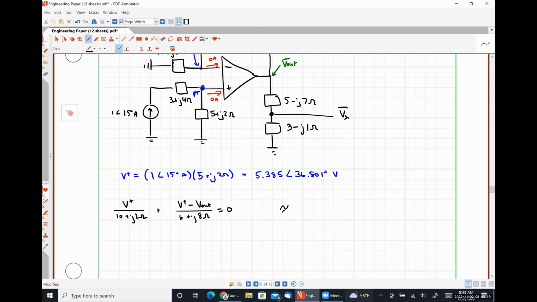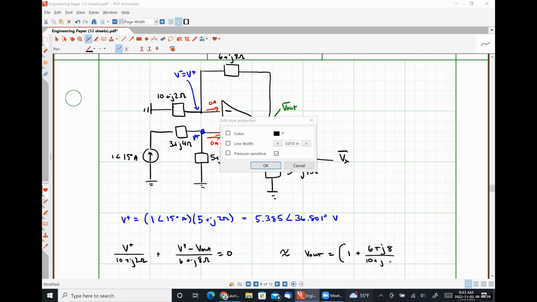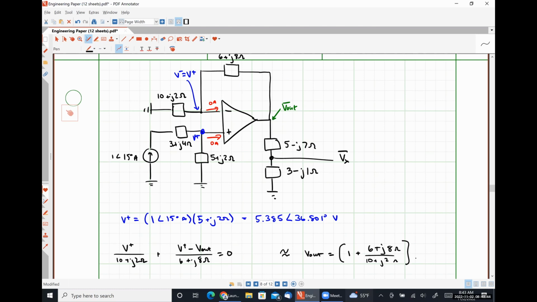So this should be the exact same thing as V out is equal to 1 plus 6 plus J8 over 10 plus J2 times V plus. Algebraically, they should come out to be the exact same thing.